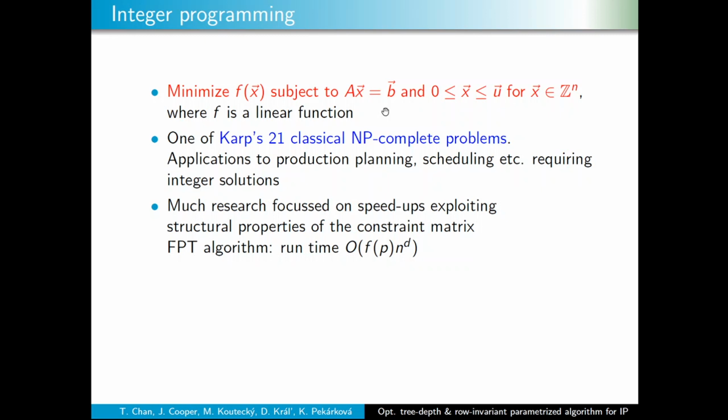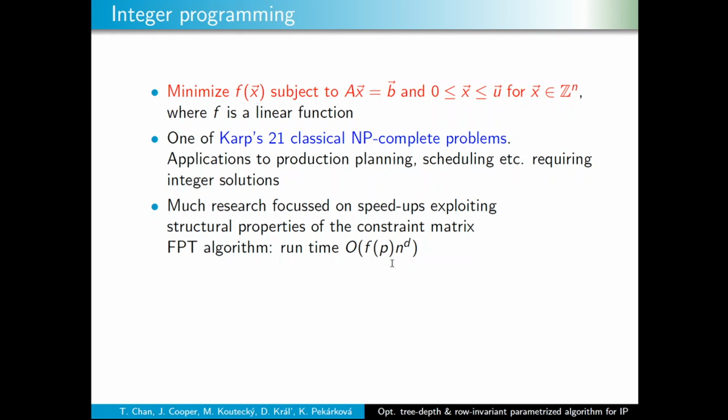So in light of the hardness of integer programming, a lot of research has been devoted to finding fixed parameter tractable algorithms that use as parameters some structural measure of the constraint matrix. First things first, what exactly is a fixed parameter tractable algorithm? A fixed parameter tractable algorithm, or FPT algorithm for short, is an algorithm whose runtime can essentially be split into two parts.